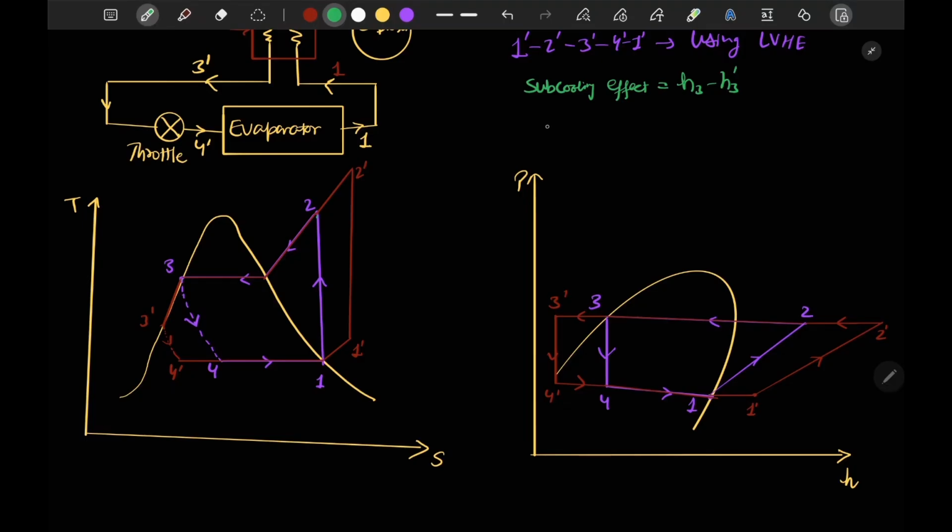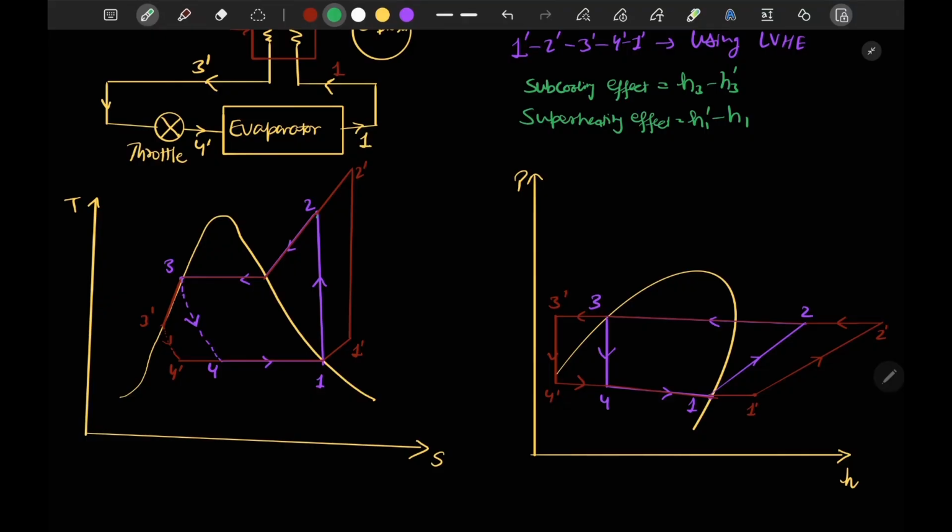And if we talk about the superheating effect, it will be from point 1 to 1 dash, so H1 dash minus H1.